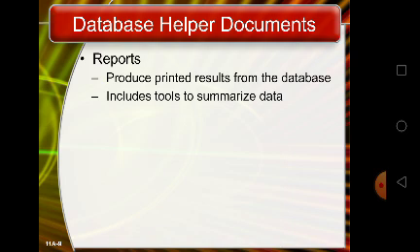Next, reports. Reports are documents that display a selected portion of a database's information in an easily read format. Such a format might list all overdue accounts. Reports produce printed results from the database and include tools to summarize the data.